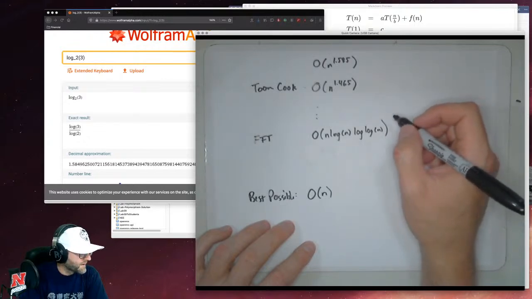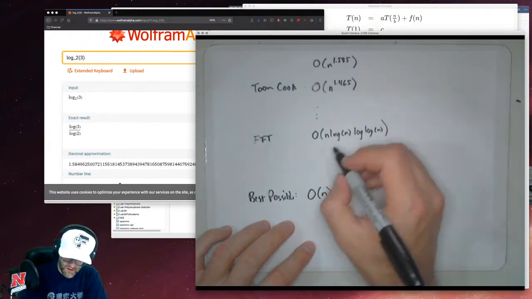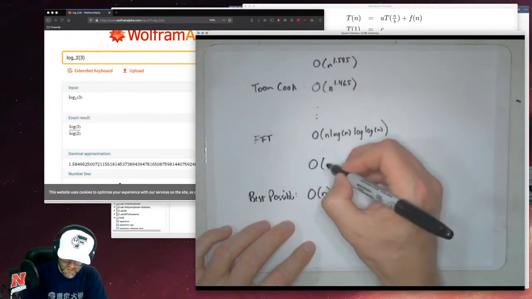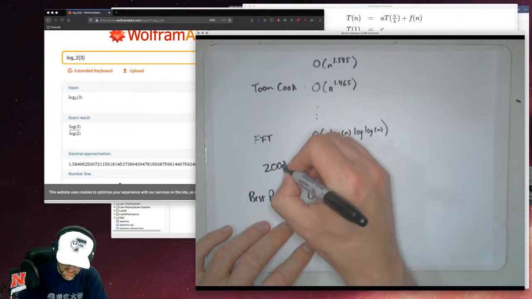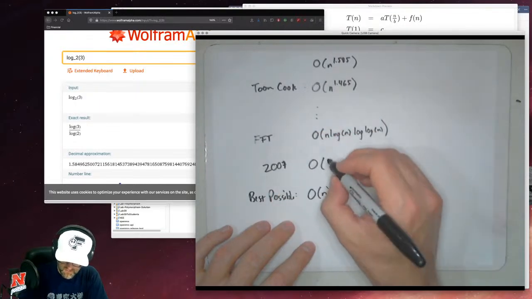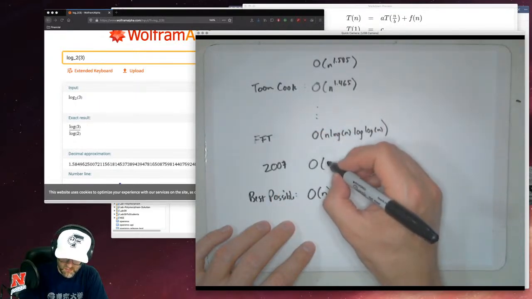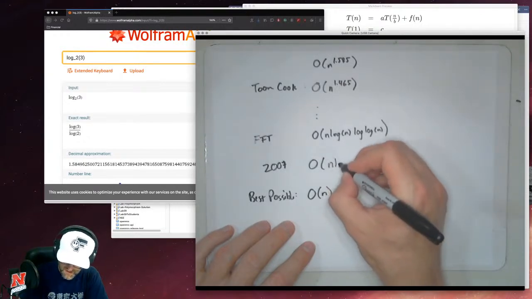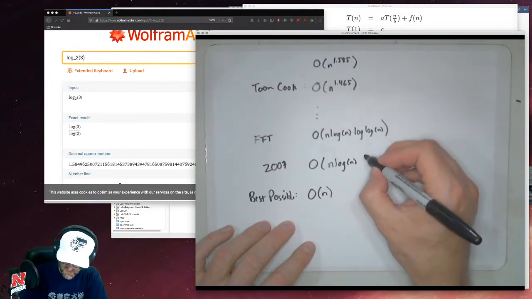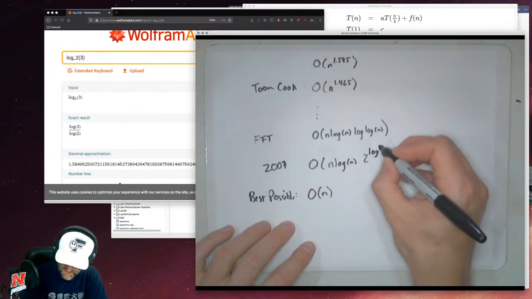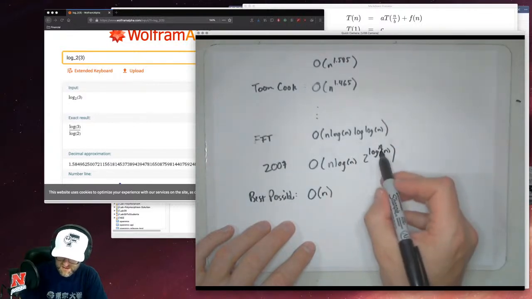There's a variation on the fast Fourier transform. I don't know if it has a name or not, but it's due to Fürer in 2007. I think that there was even another improvement more recently. I forget what it was, but there's n log n, and then there's this iterated log, n to the log star n, and I'll let you look that up to check to see what that is.